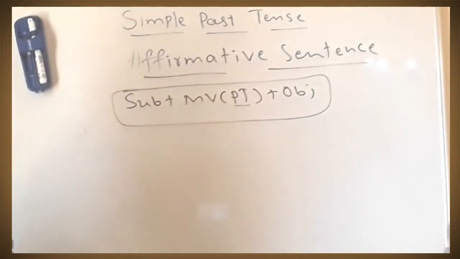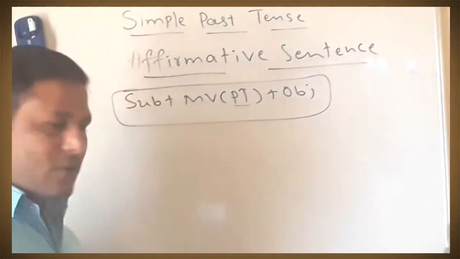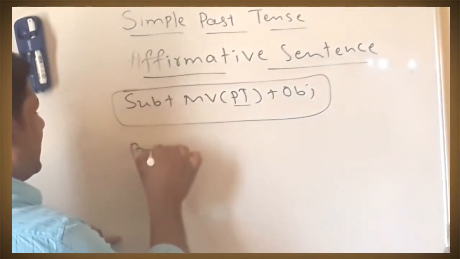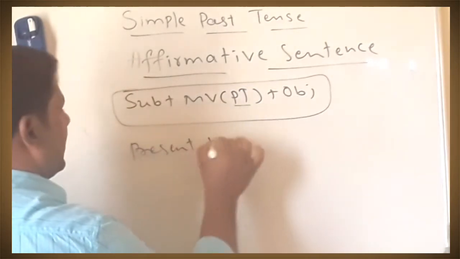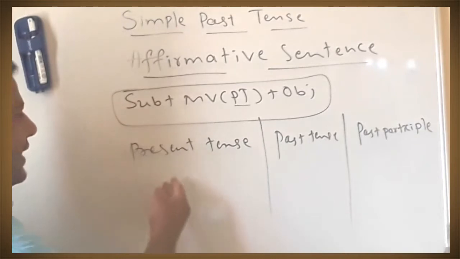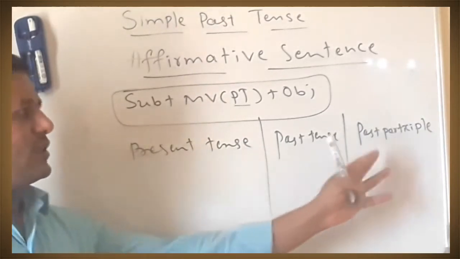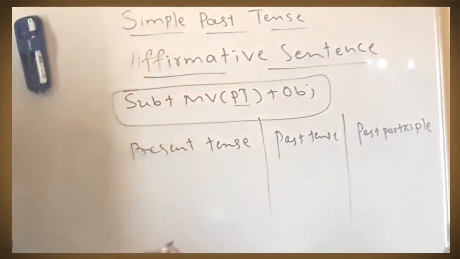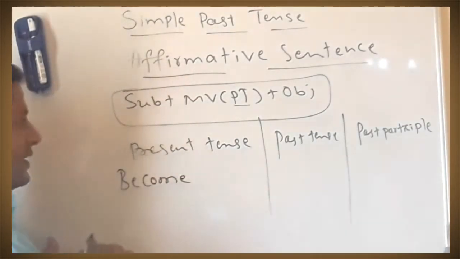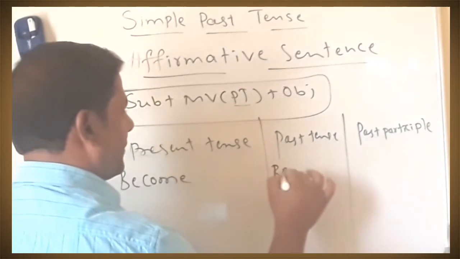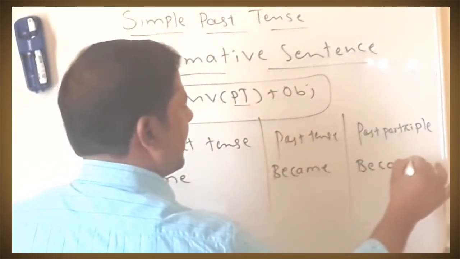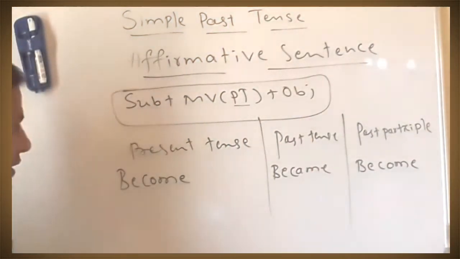As we already know, there are three forms of verb. If you see the verb chart, you can find present tense, past tense and past participle. If we use the word become in present tense, it will become became, and become in past participle. Become, became, become.